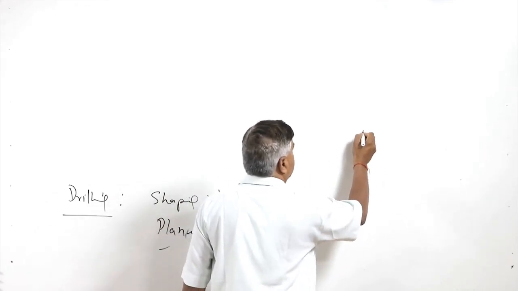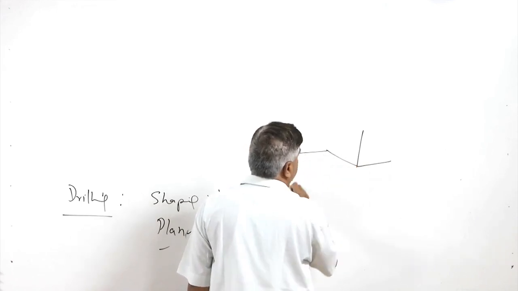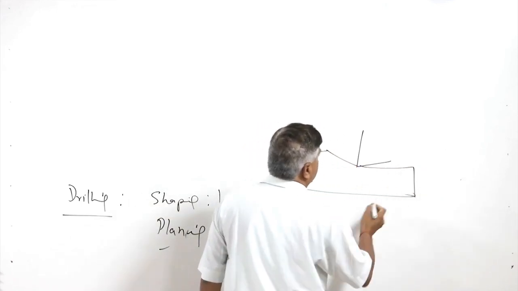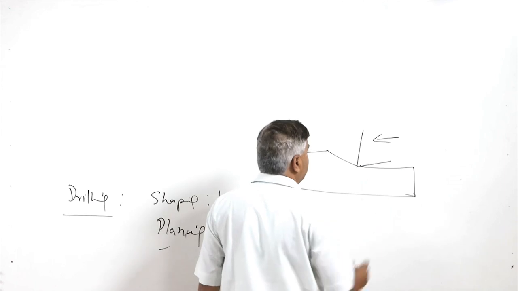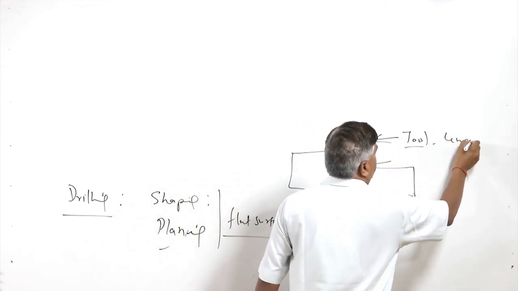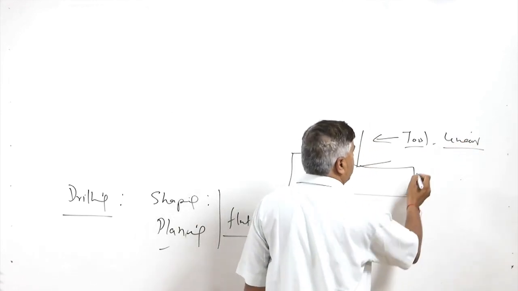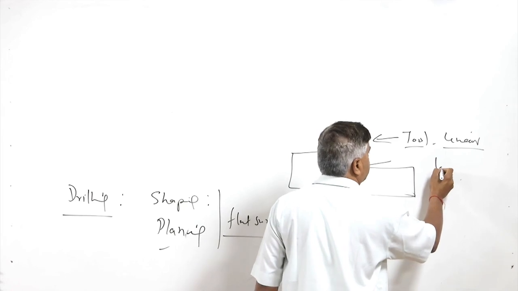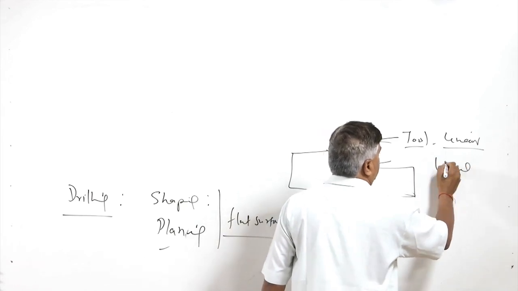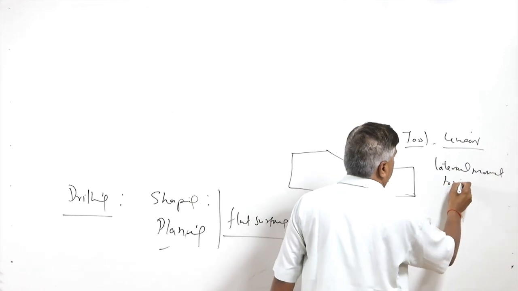In case of shaping, the tool is given the linear movement for the cutting purpose, and lateral movement is given to the workpiece.